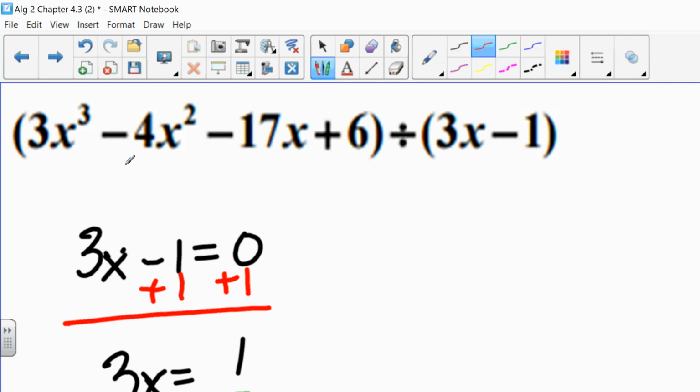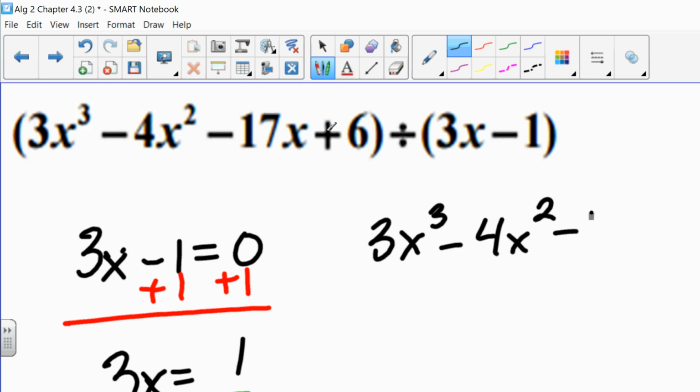Add 1 to both sides and then divide by 3, which tells me x is equal to 1/3. Now, unfortunately, because we divided the one side by 3, we'll have to divide the polynomial by 3 as well to get this to work out right.